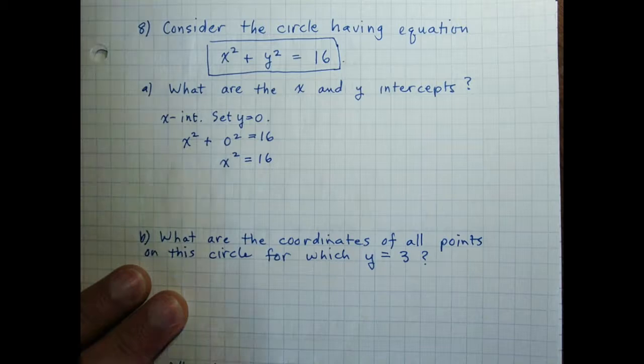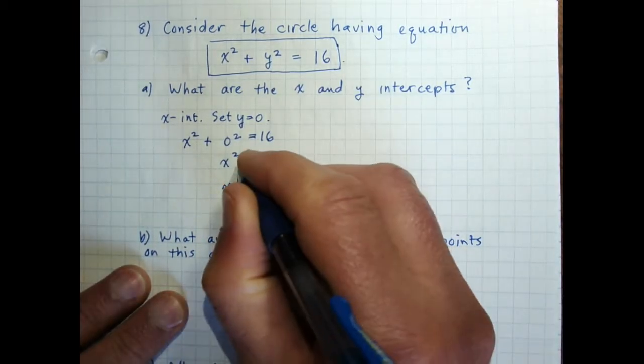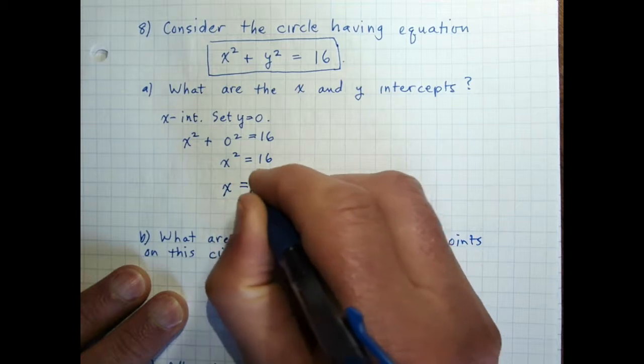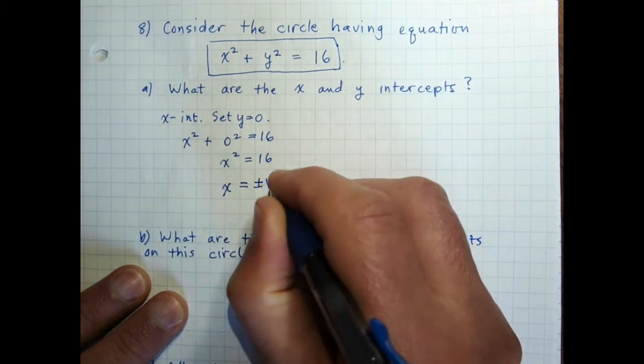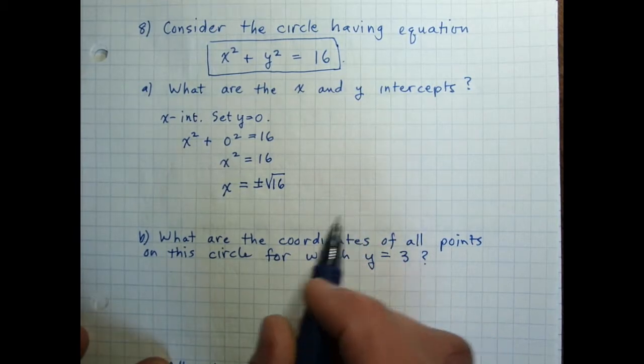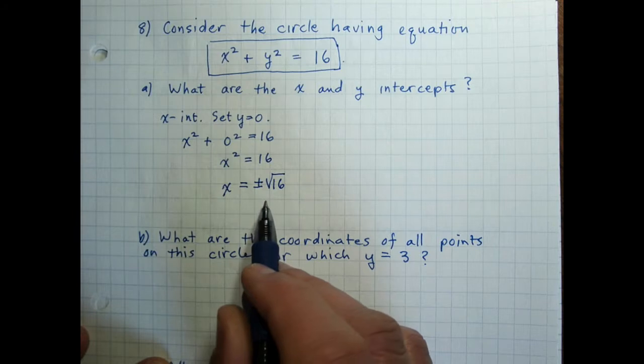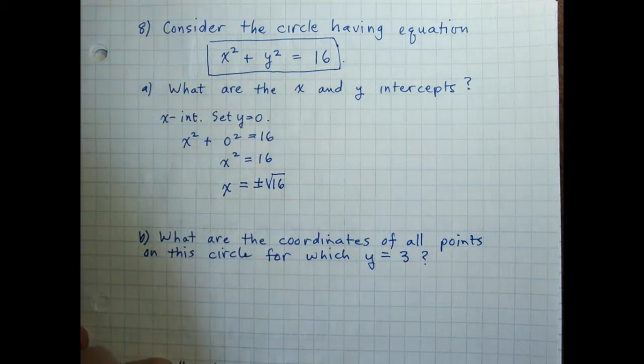Now when I take square roots, I have to be concerned about the plus or minus sign. There are two square roots. In an earlier video, finding the radius, I just took the positive square root because the radius has to be positive.